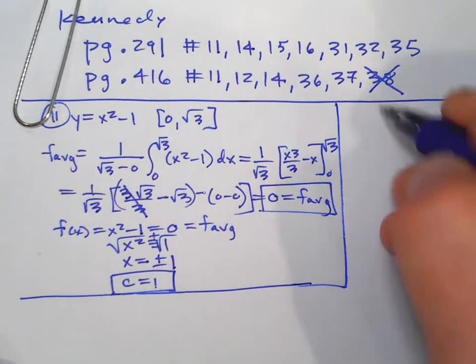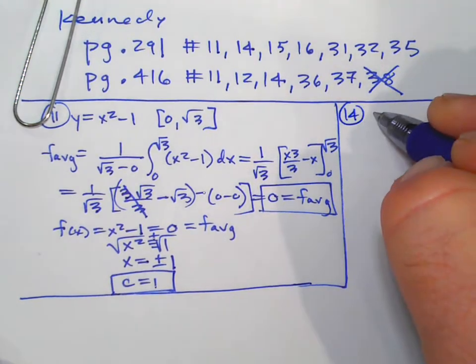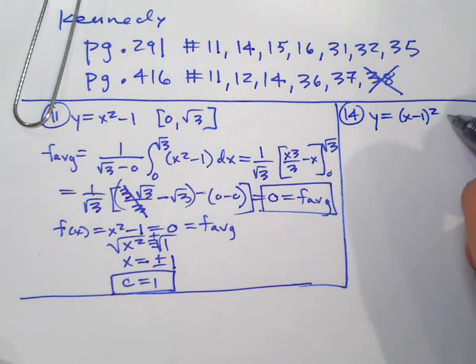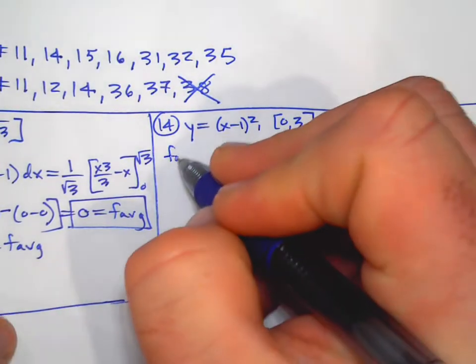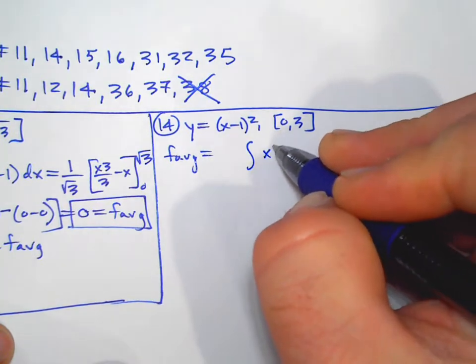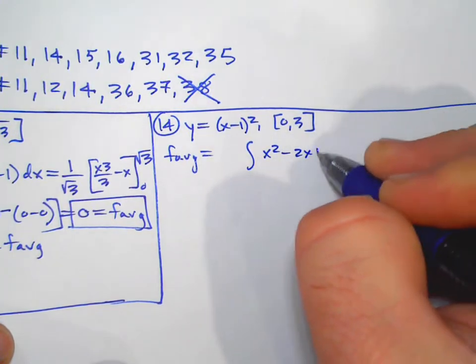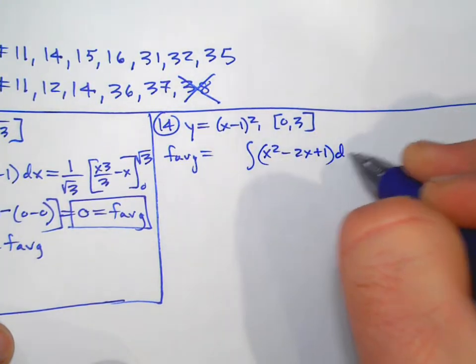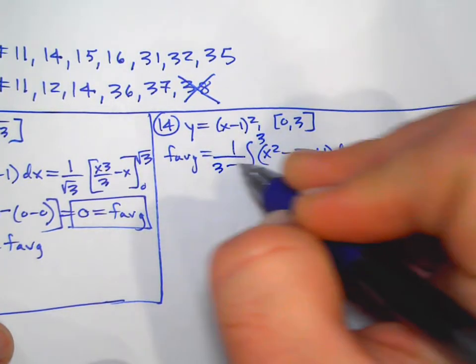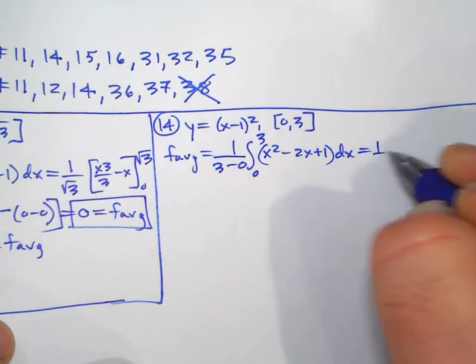Okay, 14, same directions, y equals x minus 1 squared, endpoints 0 to 3. So we have to first find the average value by integrating the function, which I think we should probably go ahead and FOIL out because we're not using a graphing calculator, and then go 0 to 3 and divide by the base of the rectangle. So we're going to get 1/3.